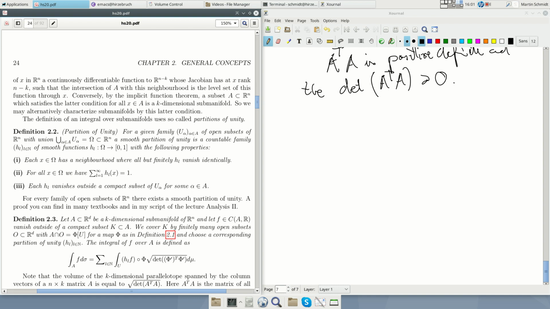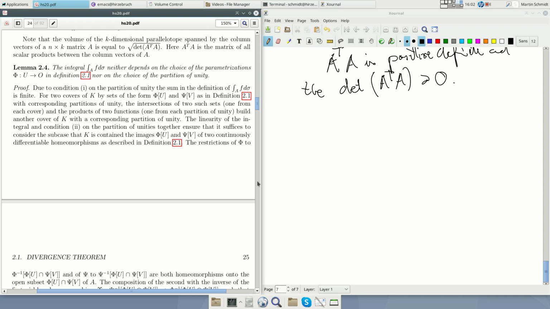We first have to cover K by images of such parametrizations phi, and then we have to choose a partition of unity. Then for any L we have to evaluate this integral, and then we have to take the sum. So the integral is really complicatedly defined, but now we see in this lemma that this is the correct way to do it.